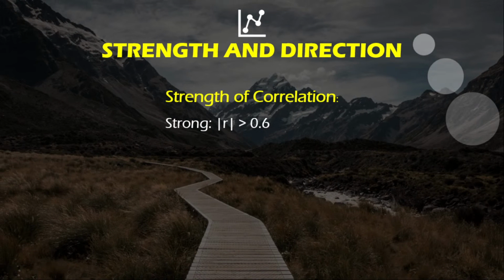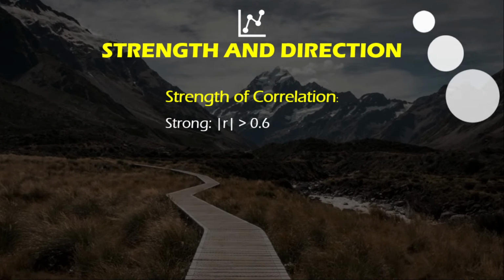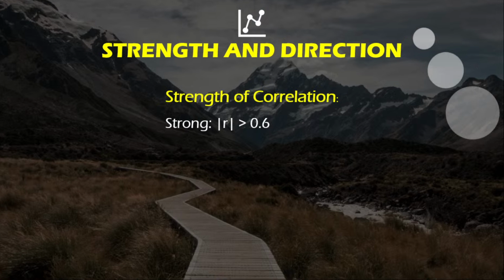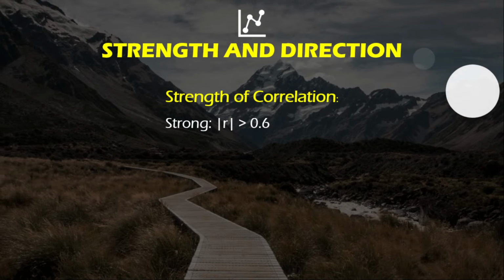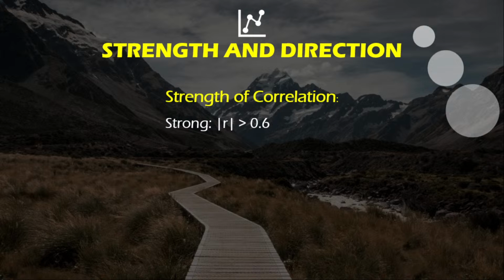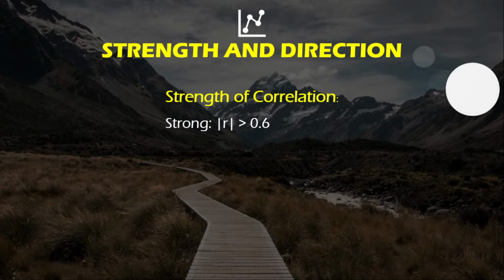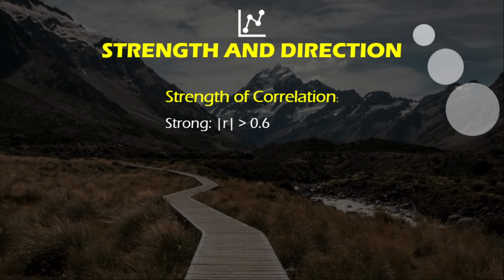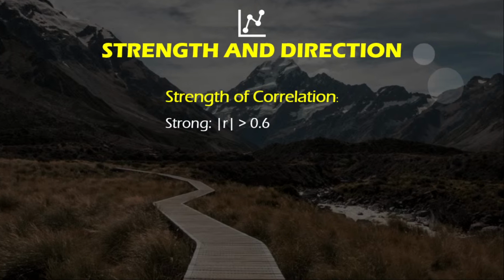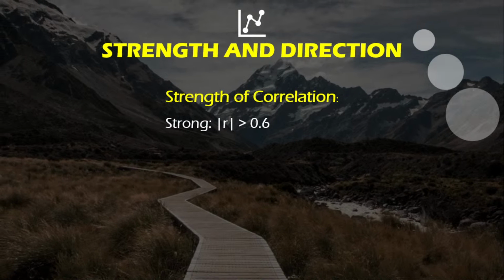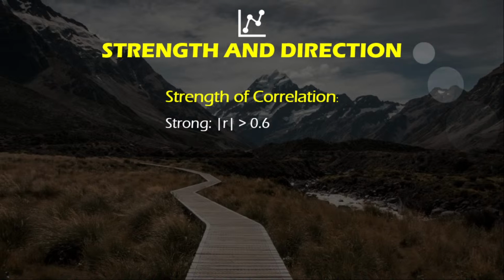Now, what this means is this. The strength of a relationship is strong when the absolute value of the coefficient is high. What we mean by absolute value in mathematics or statistics is that the value must be positive. There is no negative absolute value.